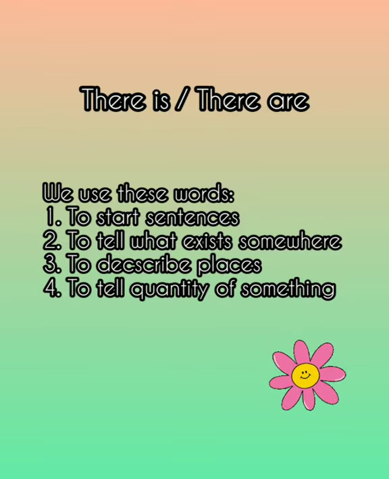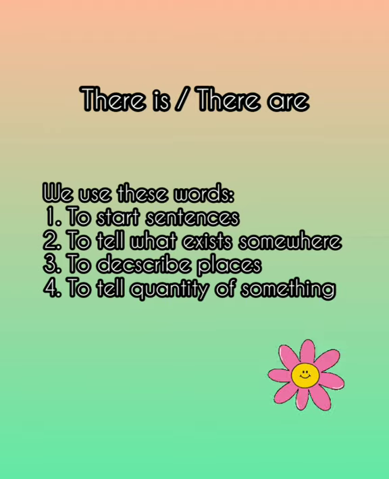Okay, before we start question 2, let's revise something. So, about there is and there are. Okay. Bila kita nak gunakan perkataan ni, and how? So, first, we use these words to start sentences, untuk mulakan ayat.